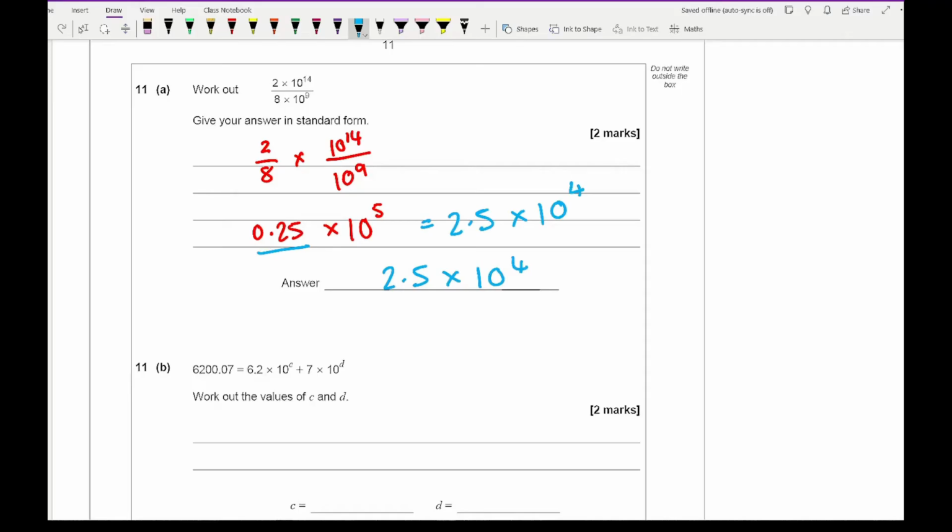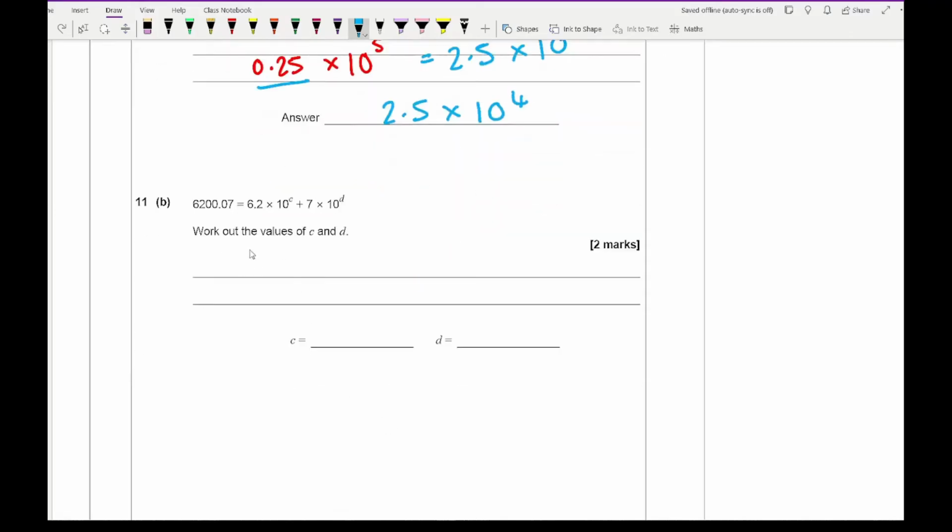Then moving on to part B. So here it says that we've got to work out the values of C and D when 6200.07 is equal to this. Well, from this, what we then need to do is, here we've got 6200 plus 0.07. Now this is going to be this part here.